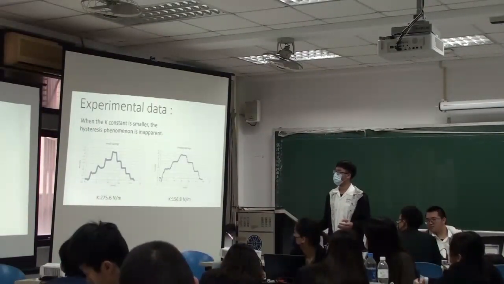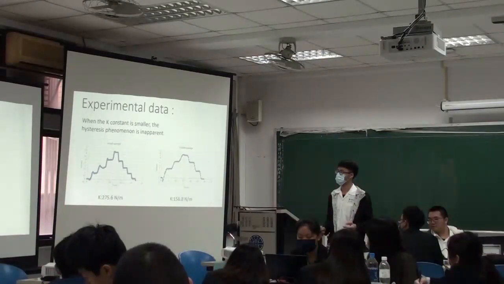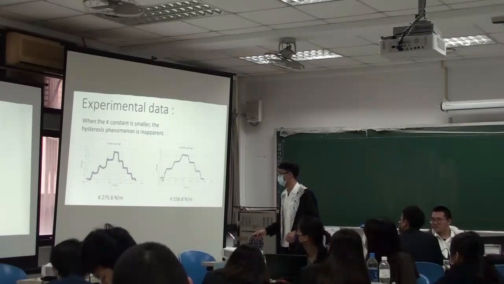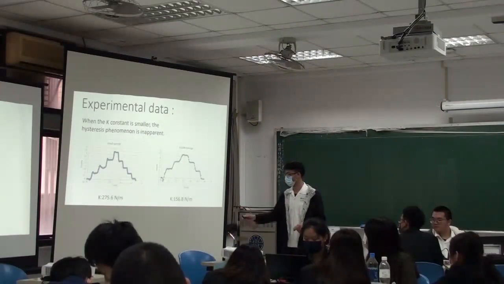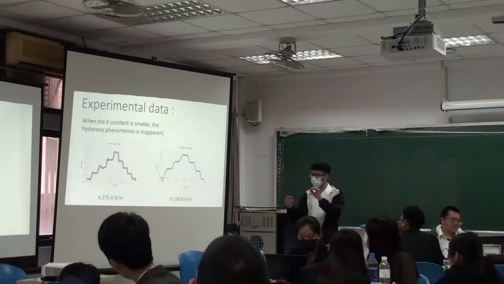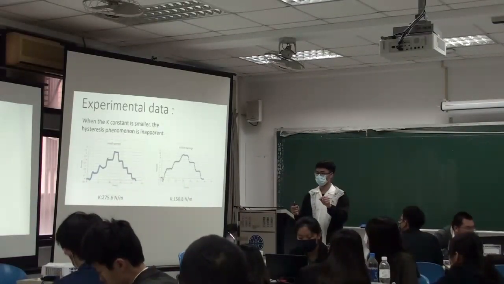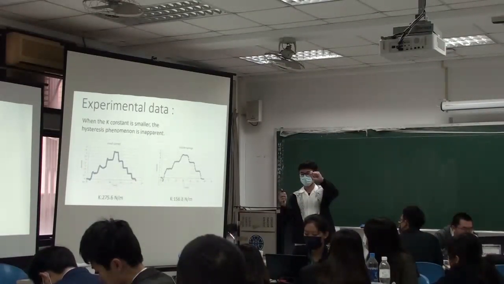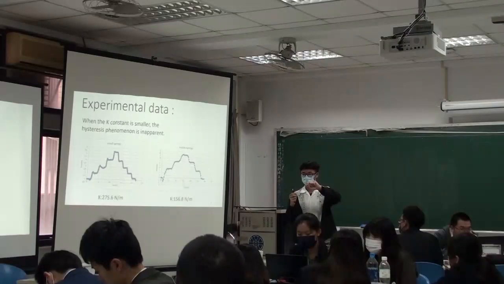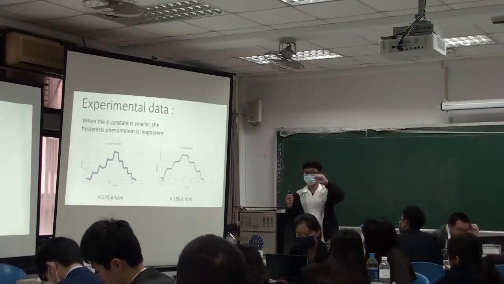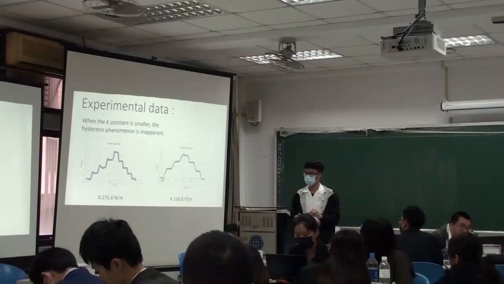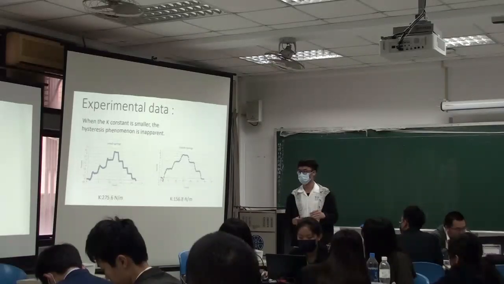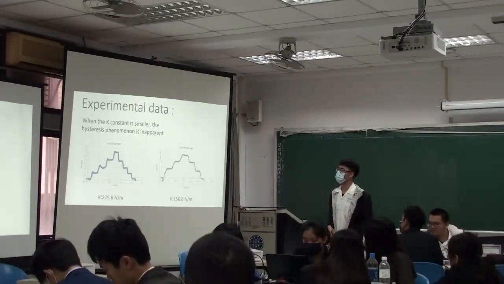When the K constant is smaller, the hysteresis phenomenon is inapparent, because we saw that the small spring is easy to stretch, so we thought the hysteresis phenomenon is inapparent in the small spring.